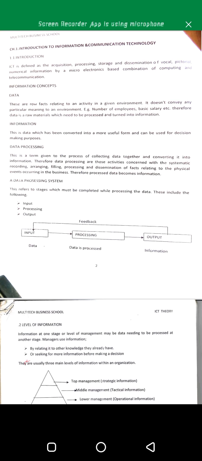When you process it, when you put it into a more useful form, you'll have such analysis and you'll be able to make decisions in the long run. You'll know that if 1 million vaccines have been given to people, out of 2 million people, 1 million has been vaccinated, 1 million has not been vaccinated. So that is you putting this data, this processed information into a more useful form.